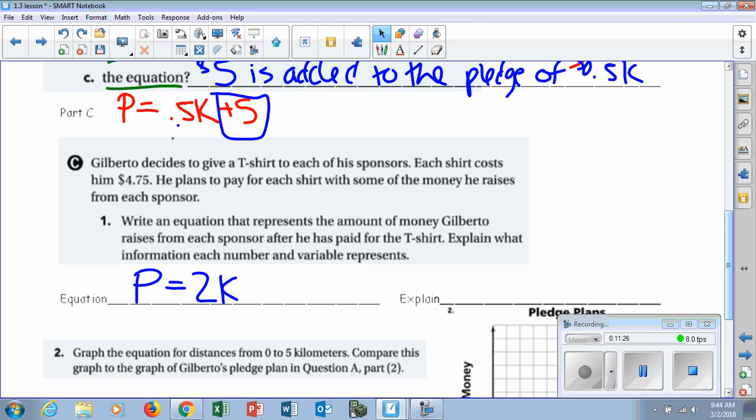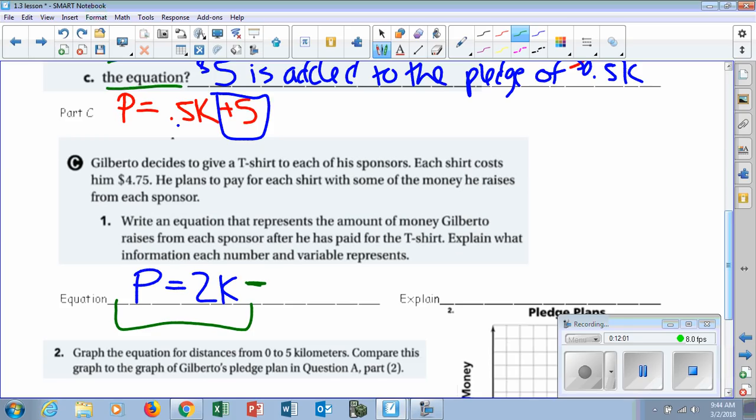And then they said he's going to take the profit from this equation that we calculate, and he's going to take some money out of it to pay for those shirts. Well, how much did he say his one shirt was, Gavin? $4.75. So can we include that in this equation somewhere? How can we include that in this equation? They said that they took this equation and he took money out of it. He took $4.75 out of that total. Right, $4.75.